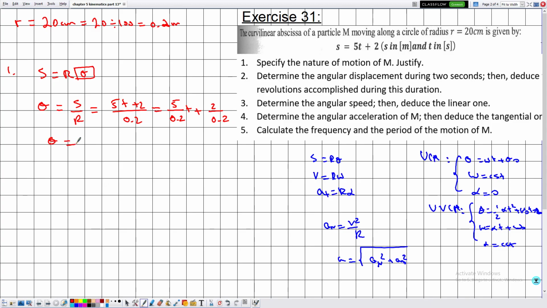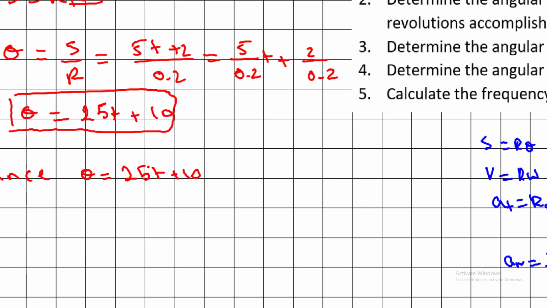Then theta is given by 25t plus 10. So theta is equal to 25t plus 10. Now notice that theta in this case is linear in time.